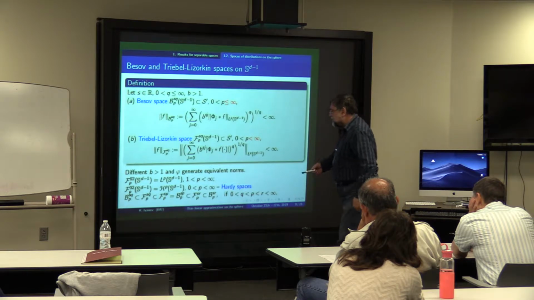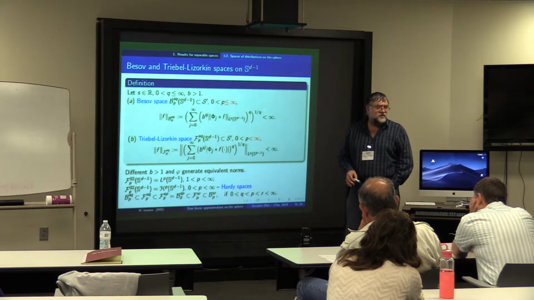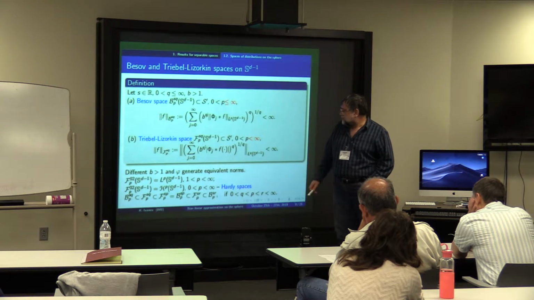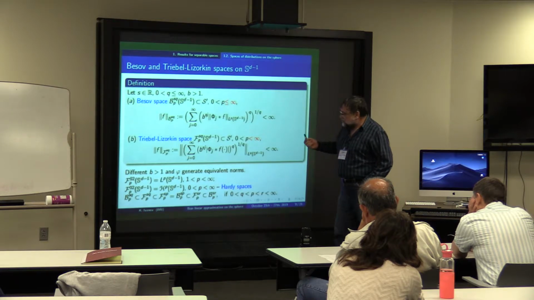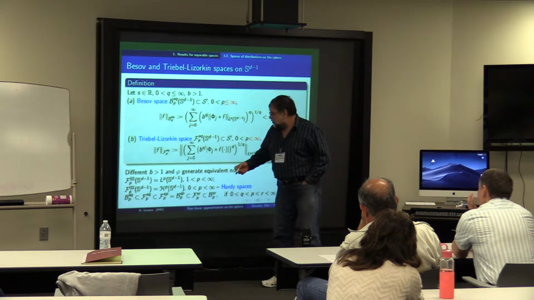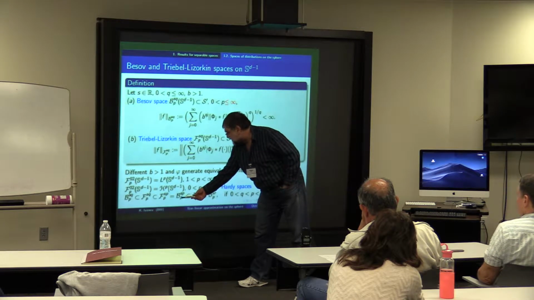Now, all these embeddings are strict; you do not have coincidences here under these values of the parameters. So from one side, we have Triebel-Lizorkin spaces for q equal to p coinciding with Besov spaces for the same p.